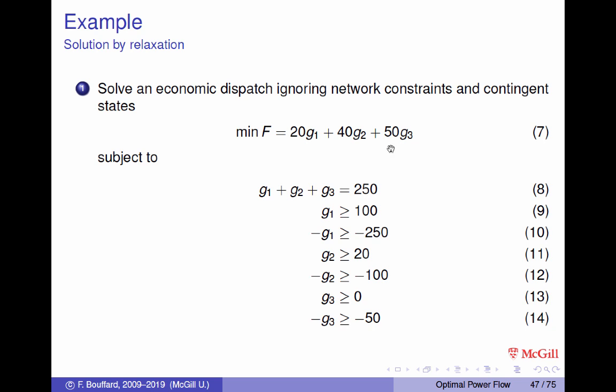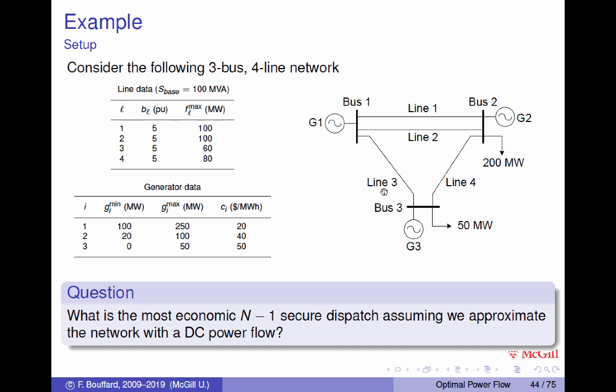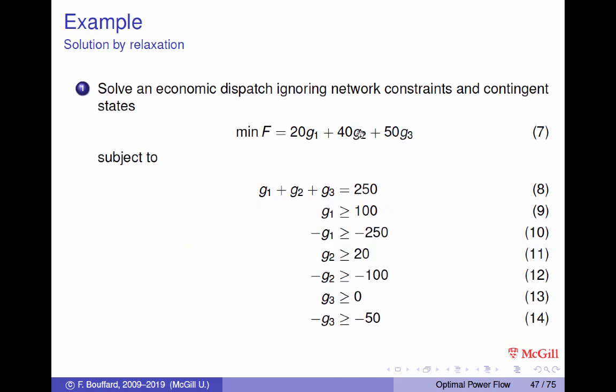And this is subject to the power balance, so the sum of G1 plus G2 plus G3 has to be equal to 250. So again, going back to here, we have a demand of 200 megawatts at node 2, a demand of 50 megawatts at node 3, and no demand at node 1. So this is our power balance, required 250 megawatts.